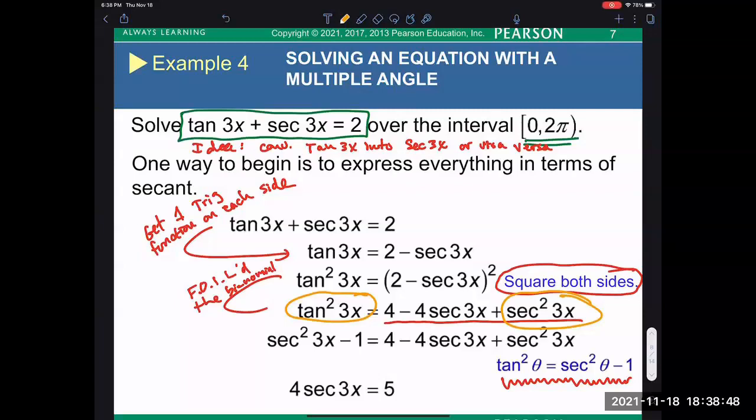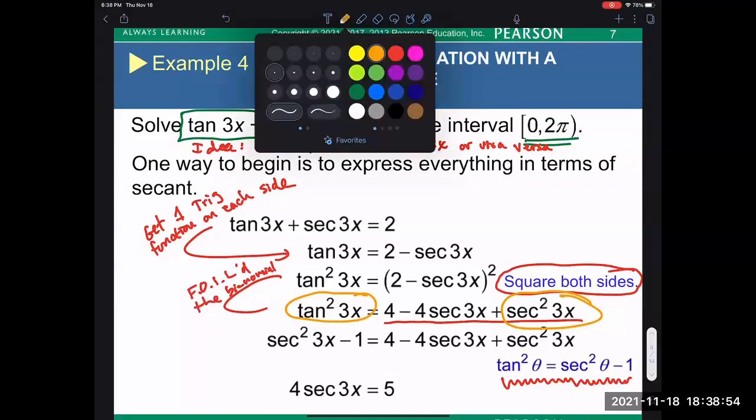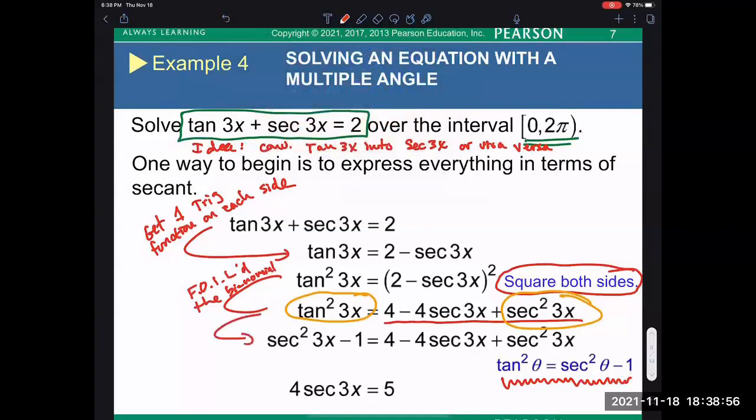So using tan squared theta equals secant squared theta minus 1, they then are able to convert tan into secants, so only secants remain in the equation.